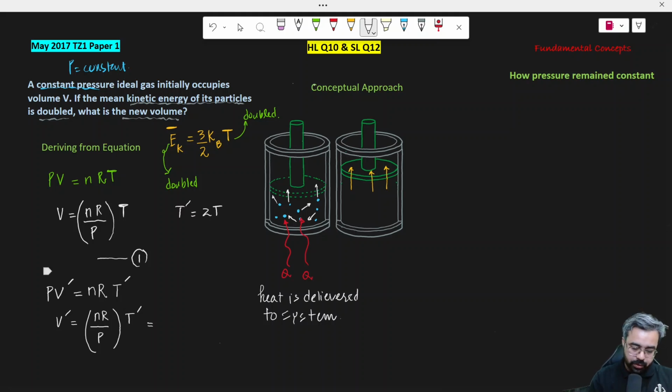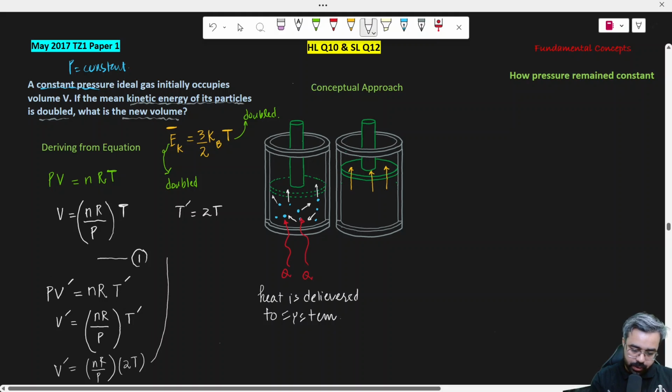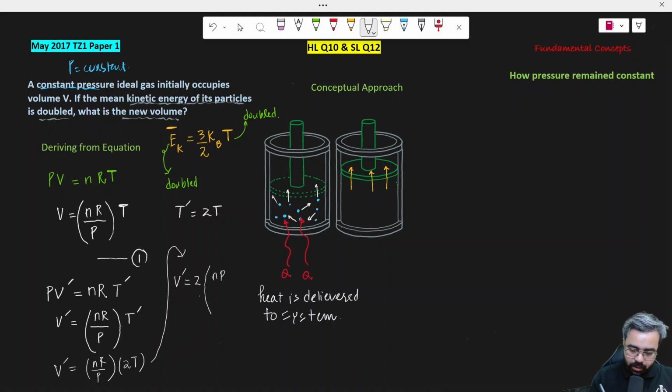If we substitute, it will be nR over P into 2T. So you can write it as 2 times nRT over P, which is the original volume before doubling the kinetic energy. So V' is equal to 2V.